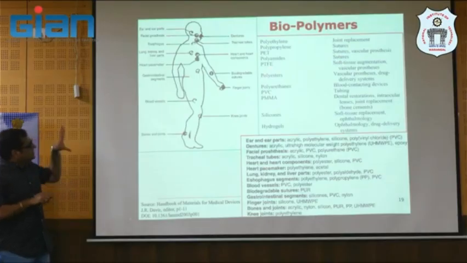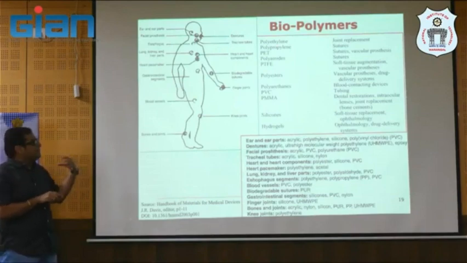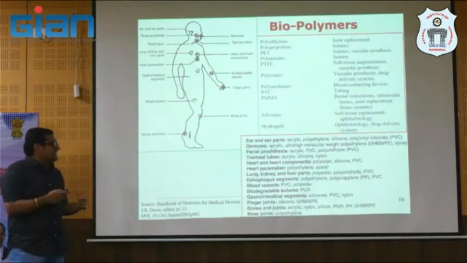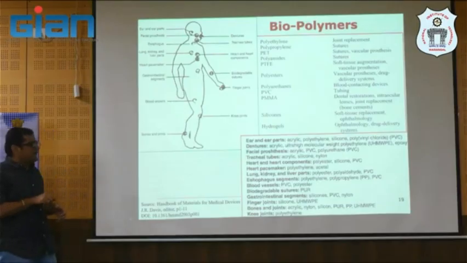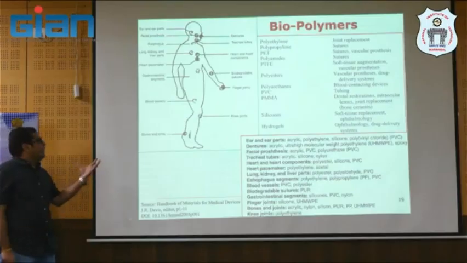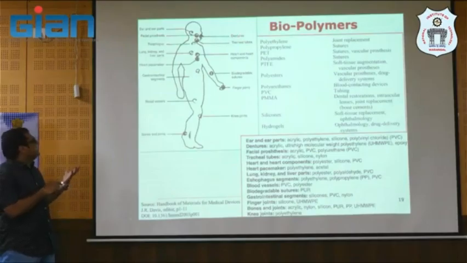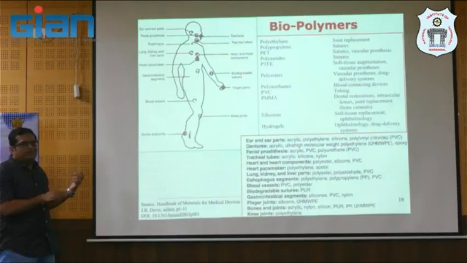You then see where these materials can be implanted or placed. Because I'm running short of time, I am not going in depth, but from this image one can understand that biopolymers can be used almost from head to toe, in different parts where you can replace the respective organs or tissues.